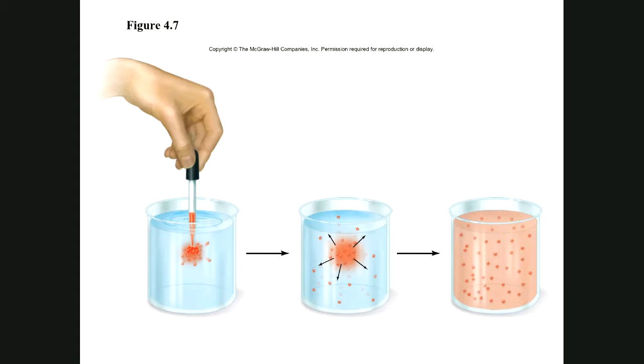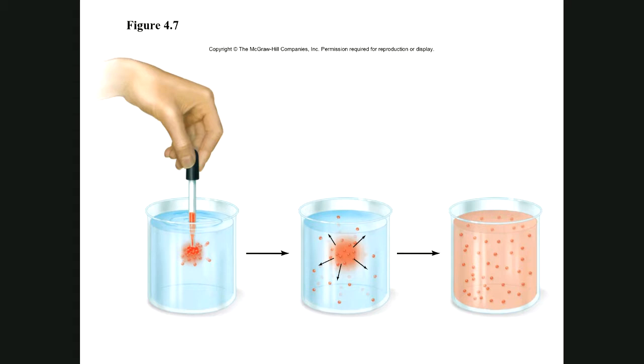Movement from a high to a low concentration is called moving down, or along, a concentration gradient. The overall effect of this movement is to scatter or disperse the particles throughout the environment.